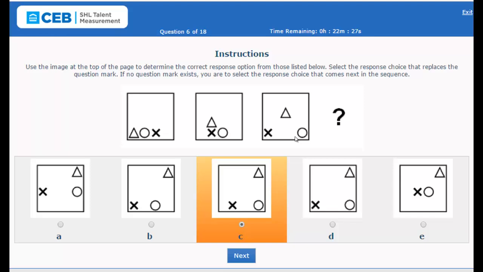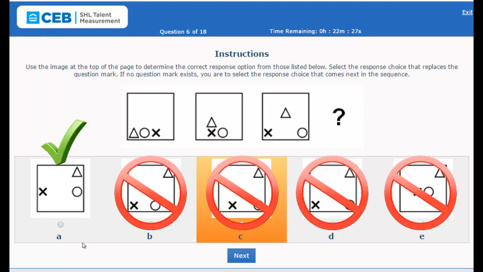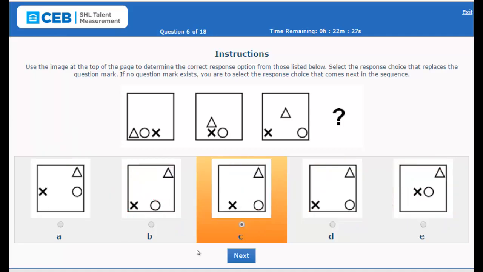If we follow the pattern of one position along the periphery of the square frame, with the circle moving counterclockwise and the cross moving clockwise, then we can safely deduce that the circle and the cross must occupy the locations depicted in answer choice A. Thus it is the correct answer to select for this task.